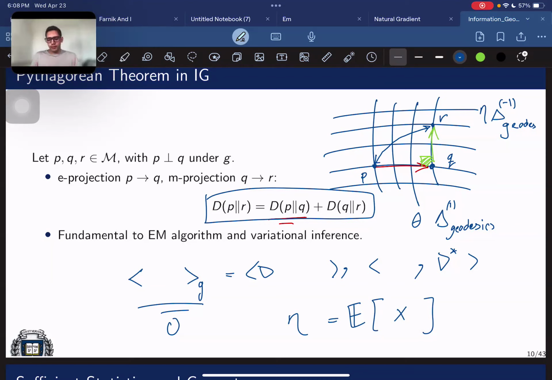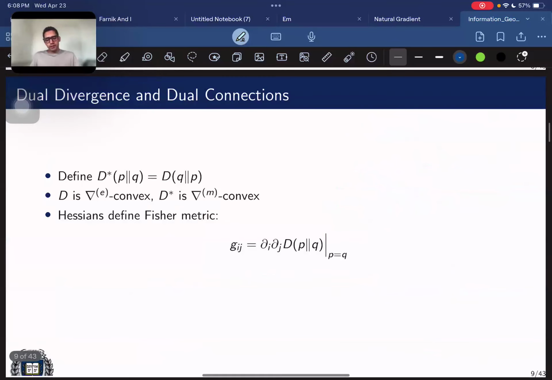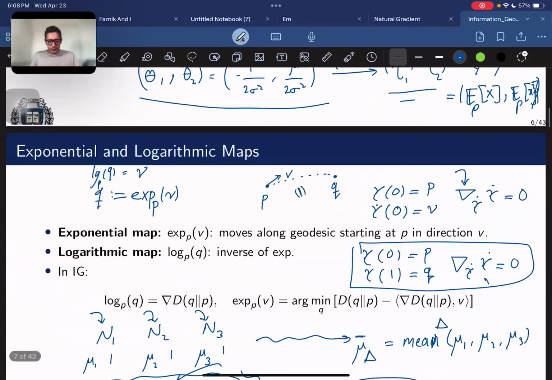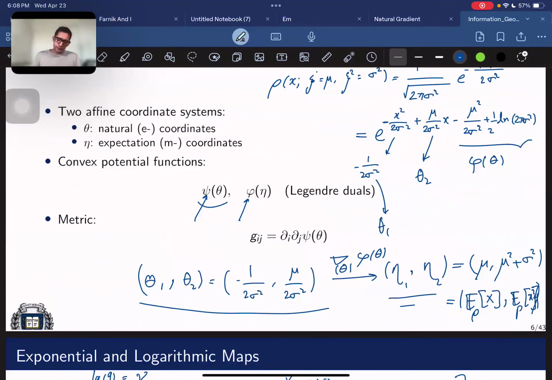Why? Because it's a very simple theorem. Because as we saw through the duality of theta and eta, we can start from parameterization theta. We calculate the etas. And then because of this theorem, we know that psi and phi are dual.